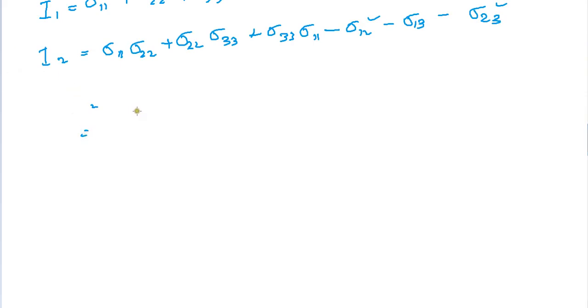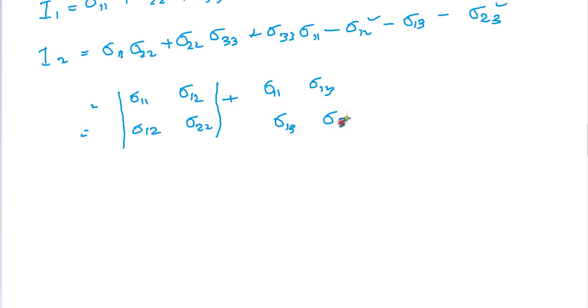We can also write I2 as the determinant of sigma 1 1, sigma 1 2, sigma 1 2, sigma 2 2, plus the determinant of sigma 1 1, sigma 1 3, sigma 1 3, sigma 3 3, plus the determinant of sigma 2 2, sigma 2 3, sigma 2 3, sigma 3 3.